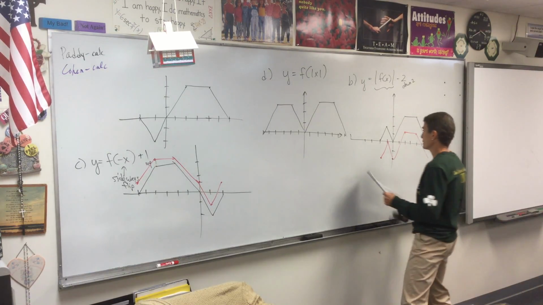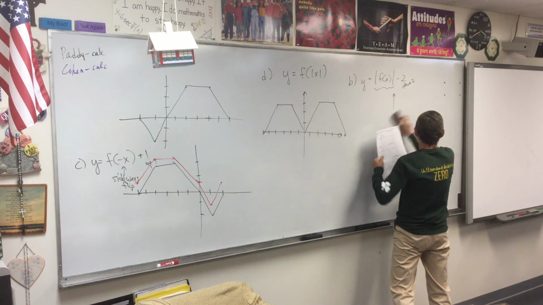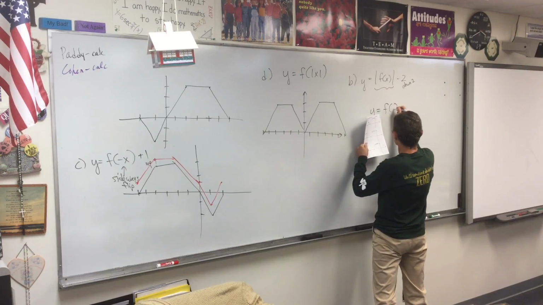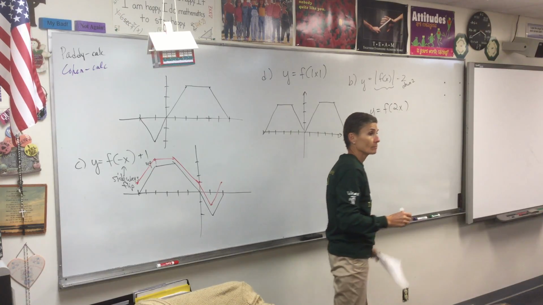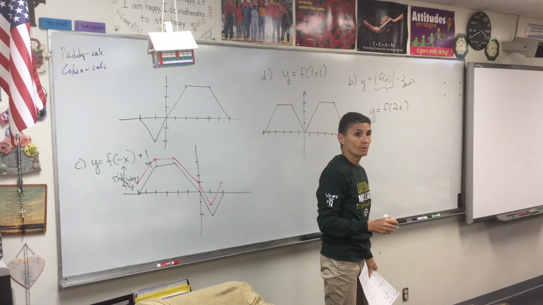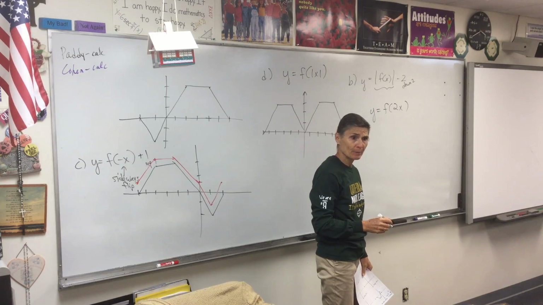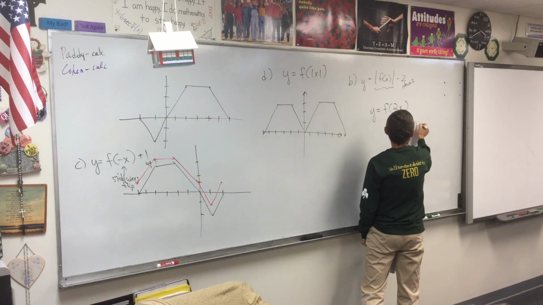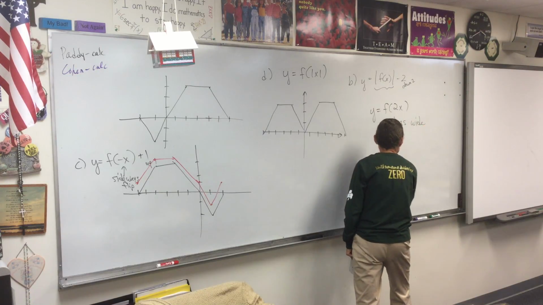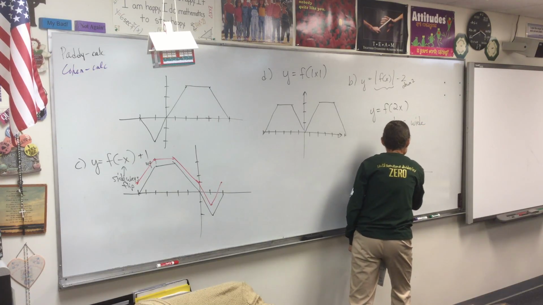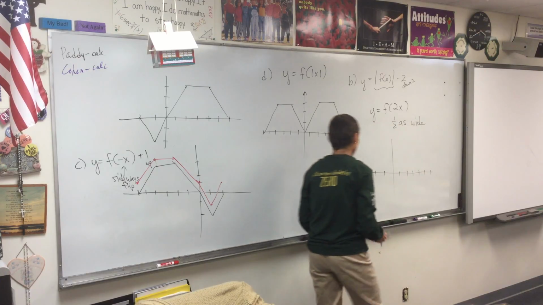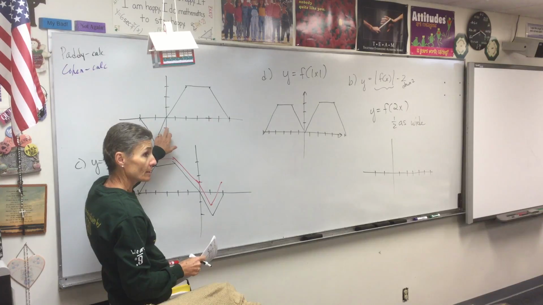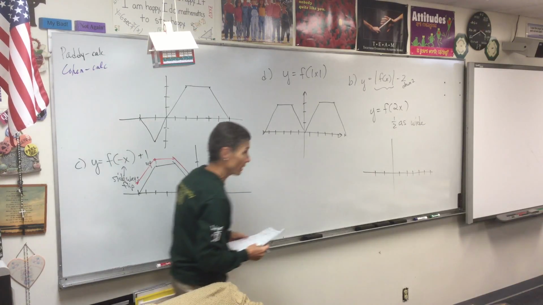All right, let's get one more done, then you can go. Then we'll have this page done anyway. So now we're doing f of 2x. What does that do? Half as wide. So that means that the triangle that was 2 across is now 1 across.